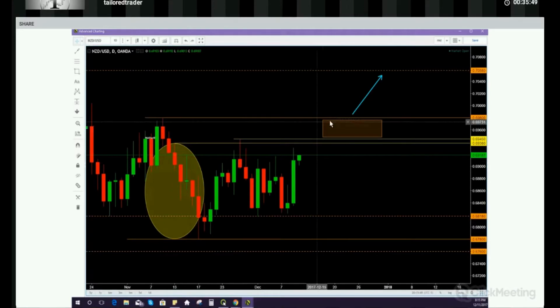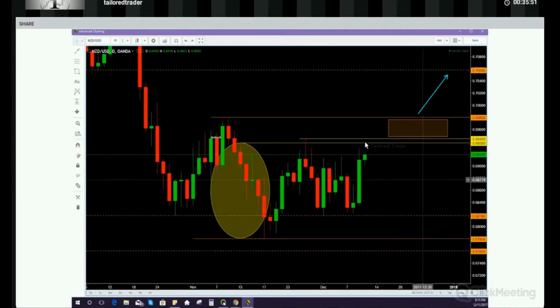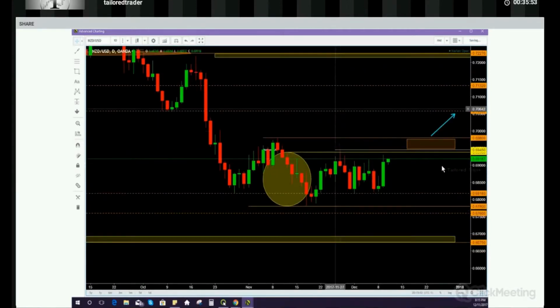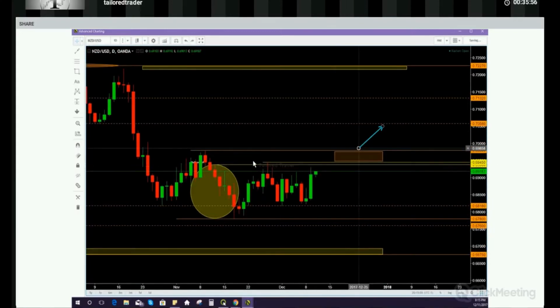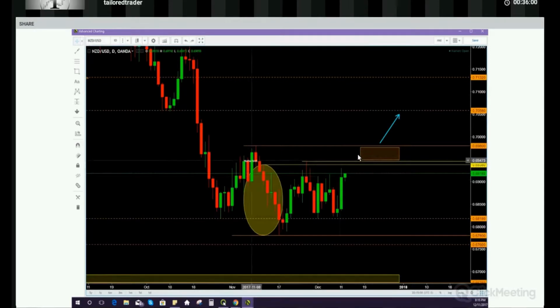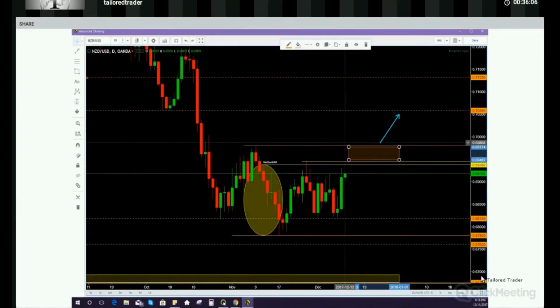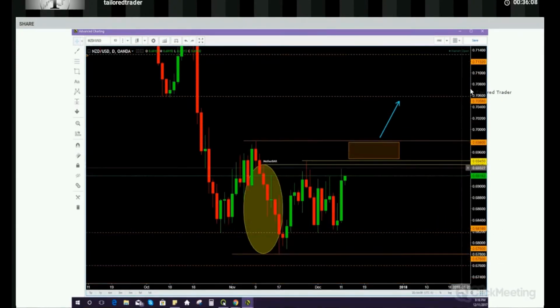But again, this is more of a swing pair for me, so I'm probably going to be looking at just going long above that new monthly high, as this mother bar is sitting right there. But again, we have that monthly dead zone right in here. So just be careful in New Zealand. Actually, there's probably a good long setup right here intraday.